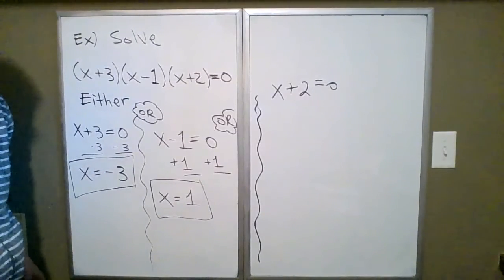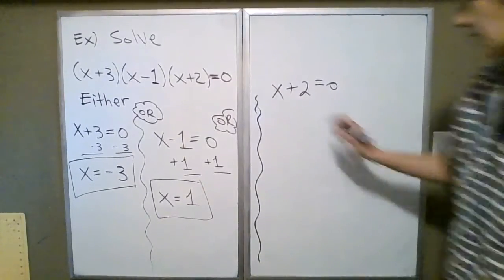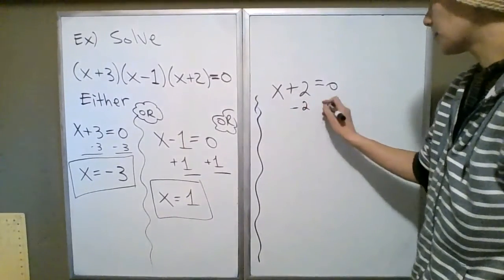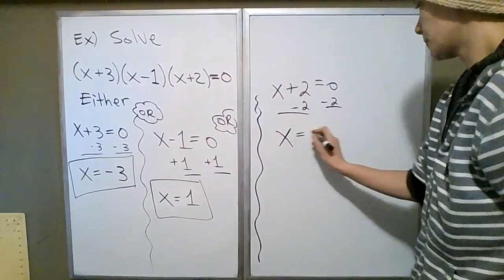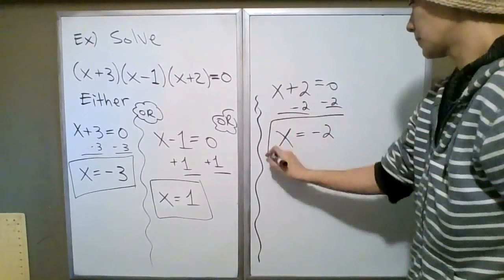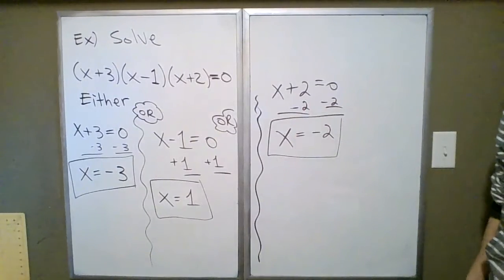The third solution is where you subtract 2 from each side and have x equal to negative 2. Okay.